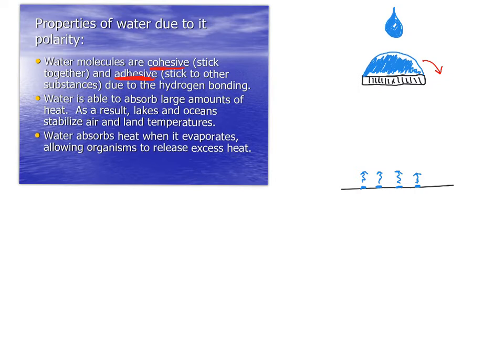Well, in order for water to go from the liquid phase, this is the liquid, and remember, we said it was a physical change, to the gas form, we call this water vapor.